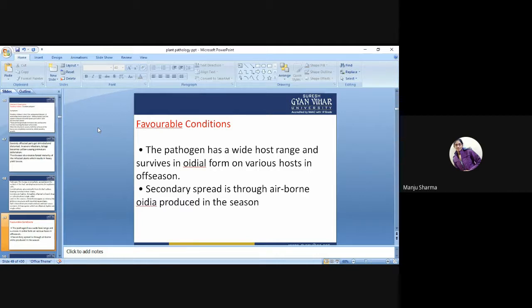If a particular host is not available, they can easily survive on another host. Secondary spread is through the airborne conidia produced in the season.